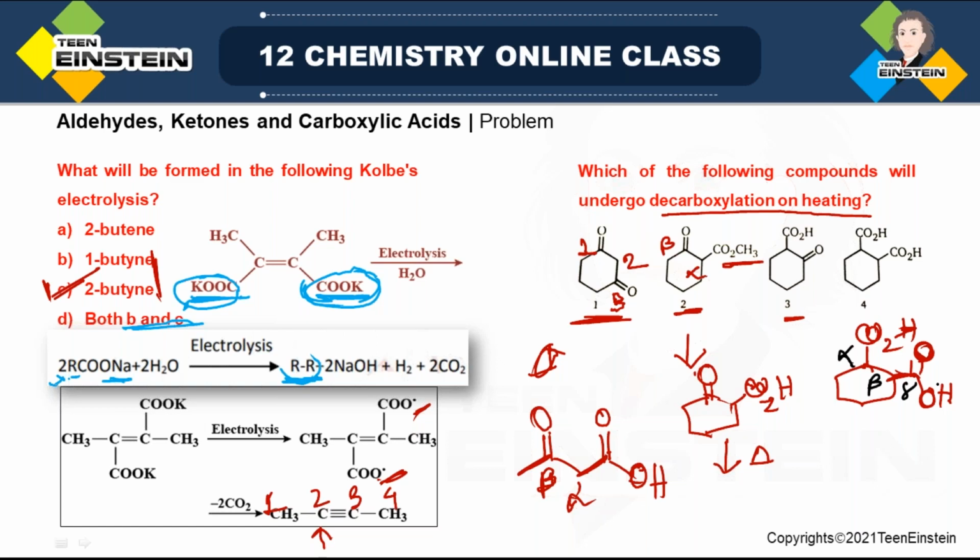So at gamma position you have some keto group, though it is the C double bond O which is coming from CO2H, but still it is not beta keto acid, it is gamma keto acid, right? So this will also not give decarboxylation. Only beta keto acid, which is compound 3, this will give. This is the correct answer, right? Option 3, that is the correct answer.